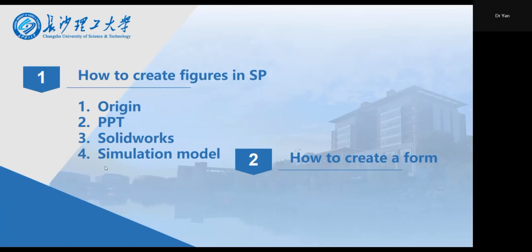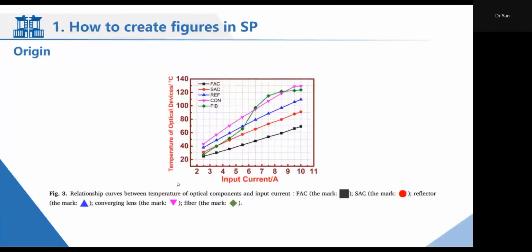And the fourth one is to use some simulation software, which we will talk about later. All right. And the second part is how to create the forms in the scientific paper. All right. So that's the topic we're going to talk about for this class.